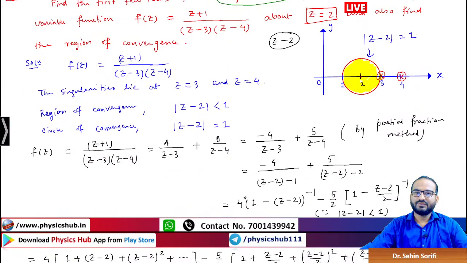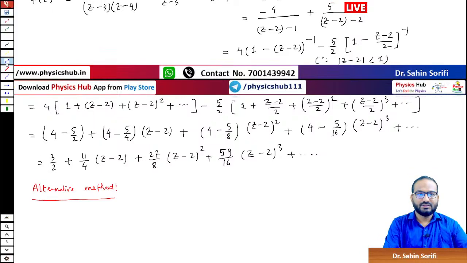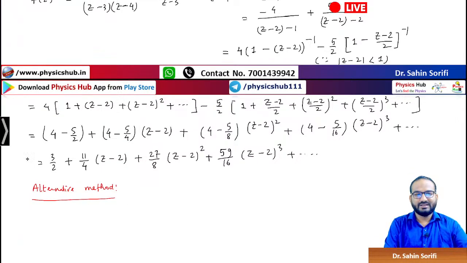Another thing, if you want to expand f of z in Taylor series about z equals 2. So you know the formula, right?